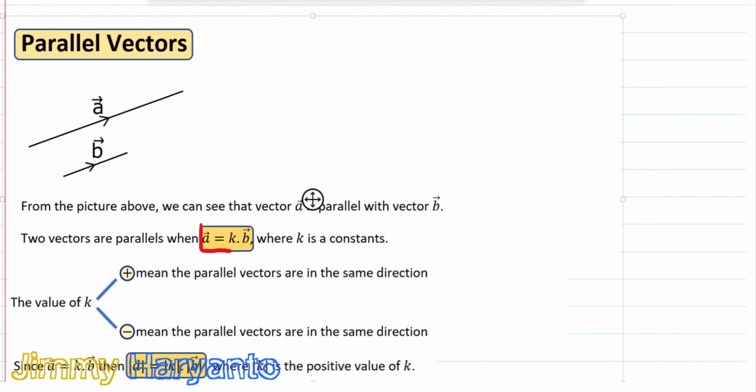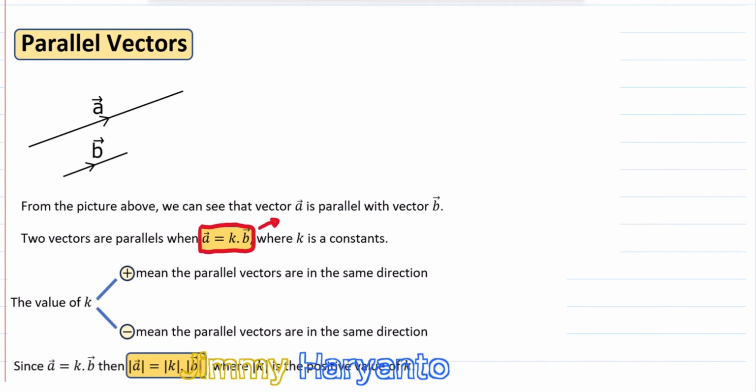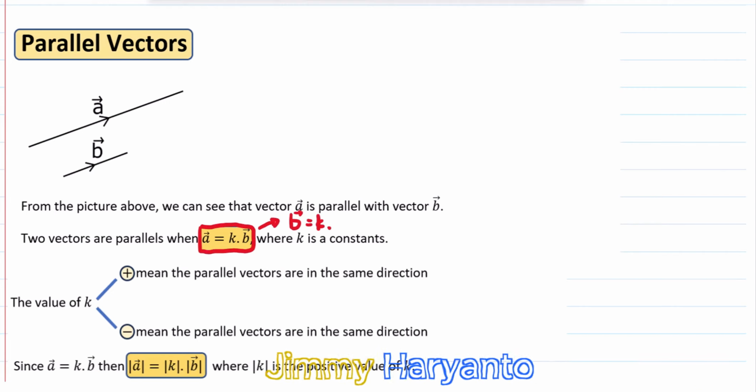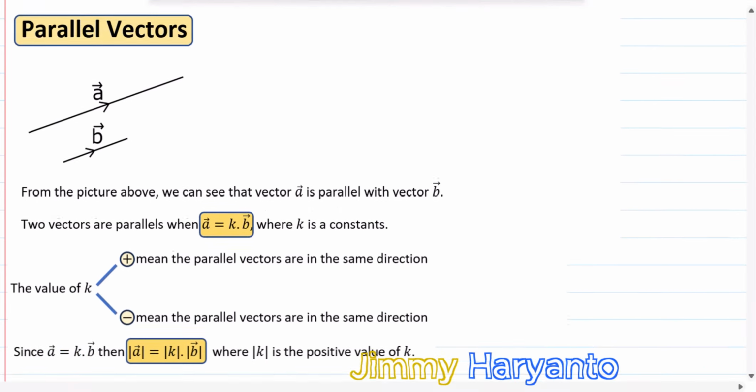That also means the formula of parallel vectors will be like this. If we have vector A and vector B that are parallel, that means A equals k times B. And of course, you can also write it like this: B equals k times A. But usually it's A equals k times B.